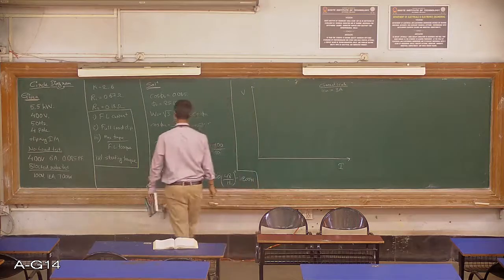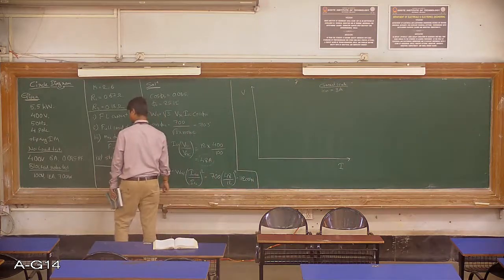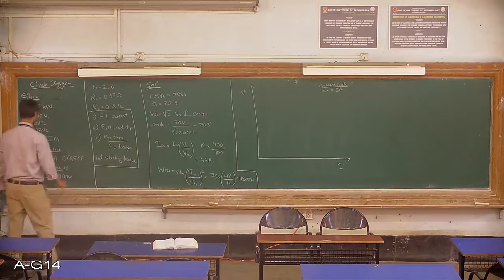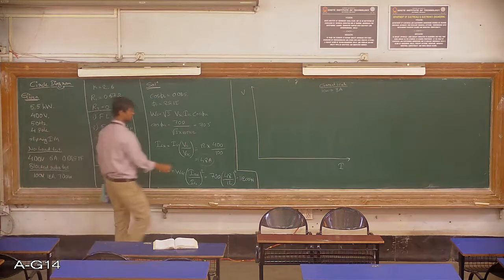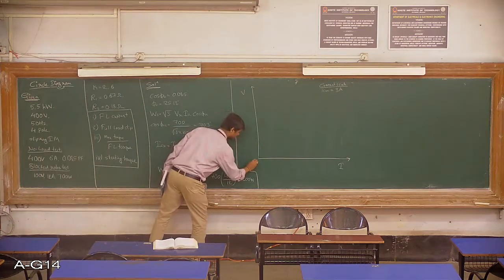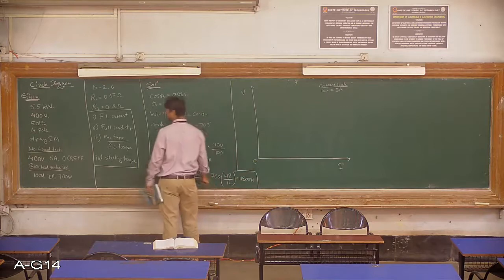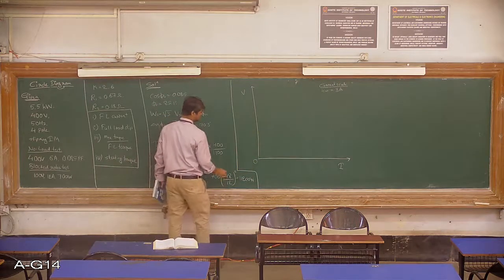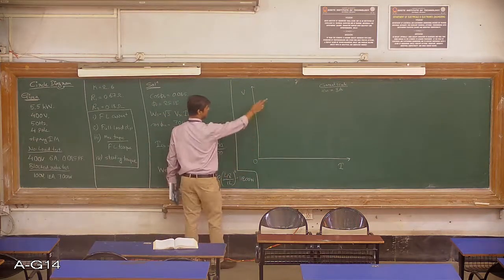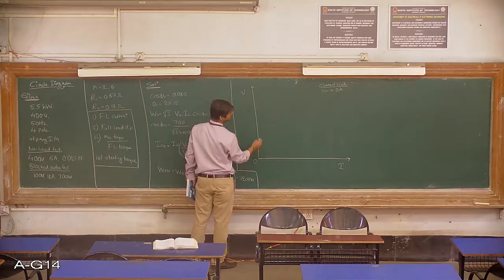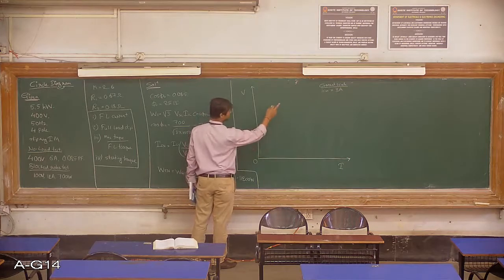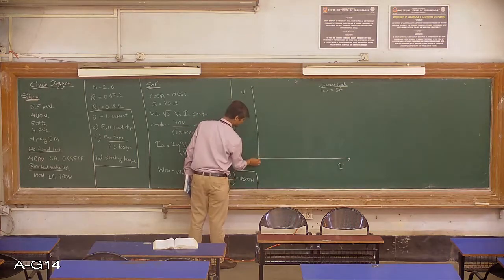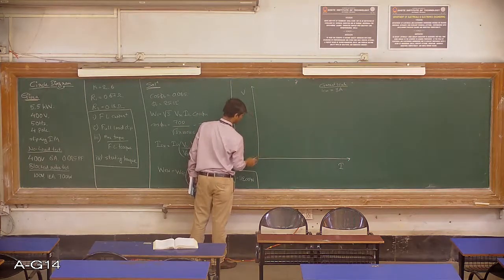If I do that, then first I should be drawing the I naught from the point O, the origin. I naught is 6 amperes, and with 1 centimeter equal to 3 amperes, it is 2 centimeters.